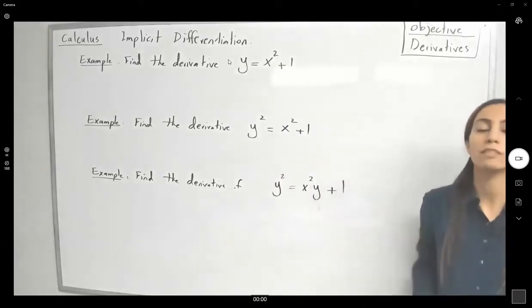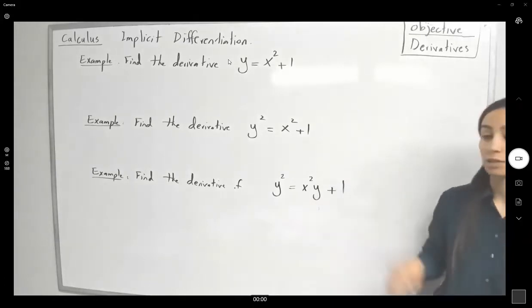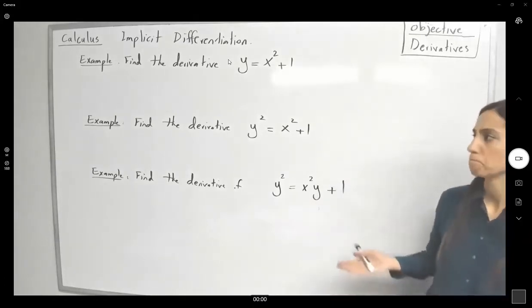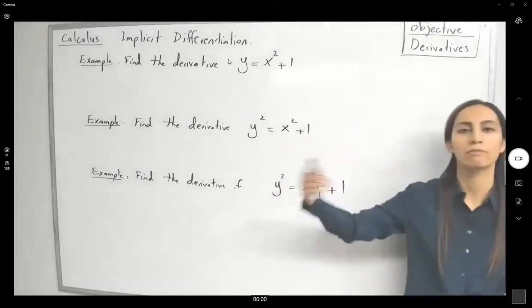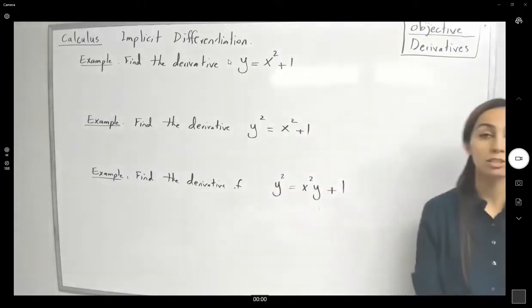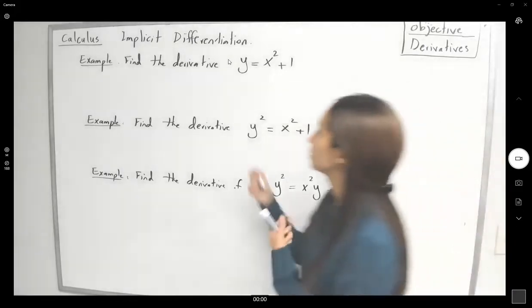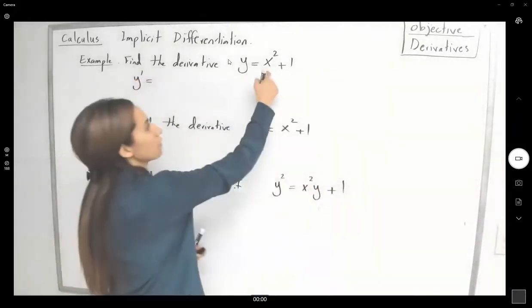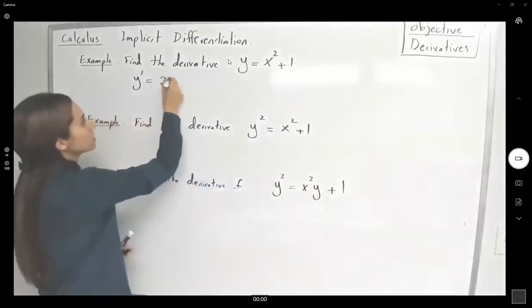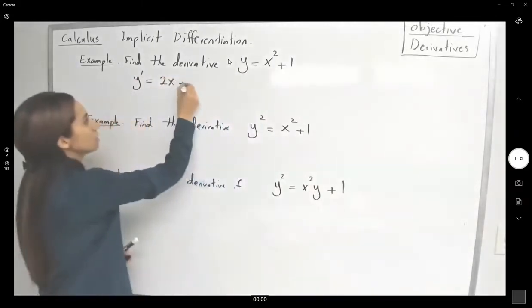How do we find the derivative of these maps here? Well, the first one is not very hard. We already know we have a quadratic expression and we can take the derivative easily. y prime is equal to, well, the derivative of x squared is 2x and the derivative of a constant is 0.